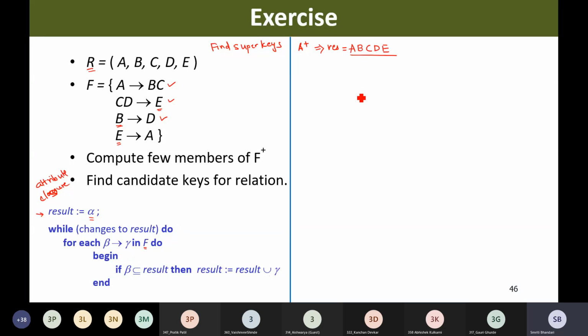Similarly, I am going to compute B plus. So what would be B plus? Now you tell me the results: B plus, C plus, D plus and E plus.